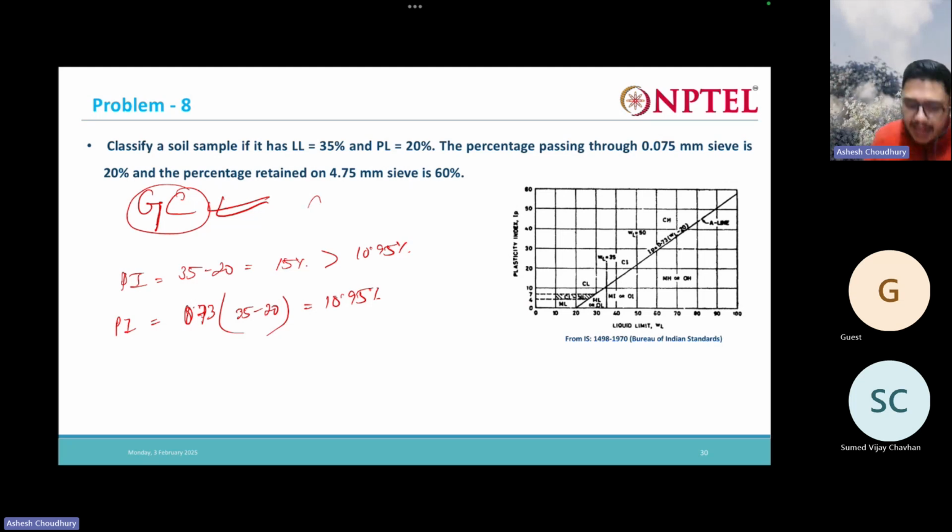Then you decide the prefixes, then you go for the suffixes. The suffixes are decided based on the fine fraction. If the fine fraction is less than 5%, then it depends, as for coarse grained one way, and for fine grained another way. So please go through this again. Try to solve the problems once again by yourself, and also try to see the main class lectures once again.